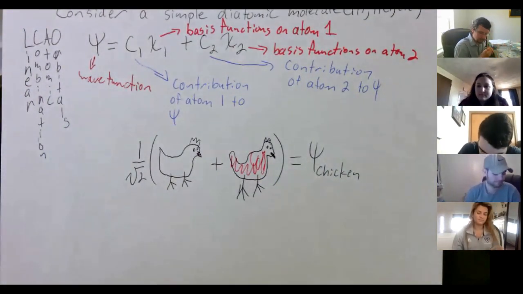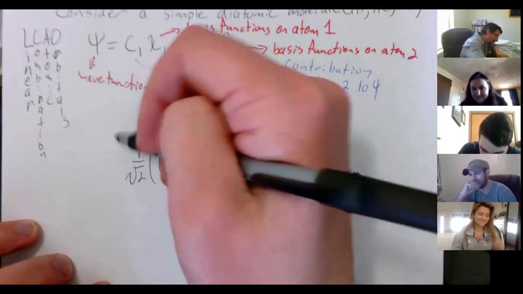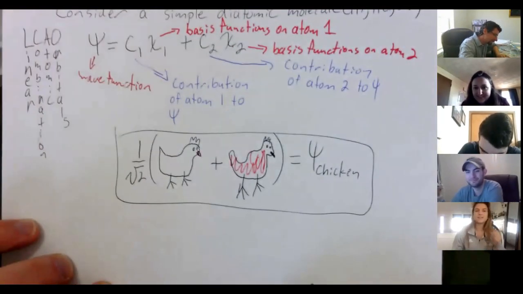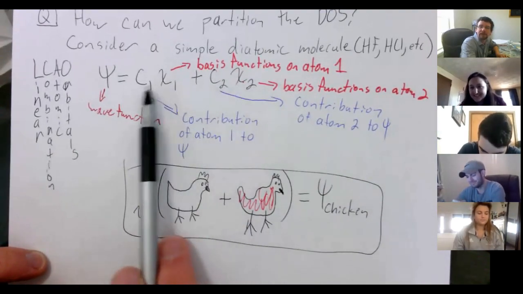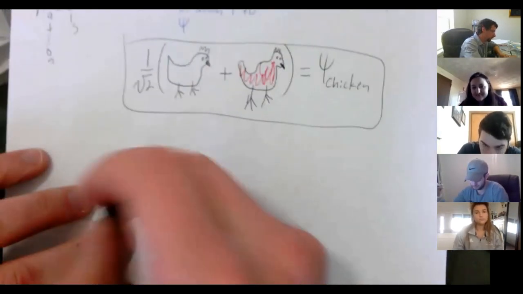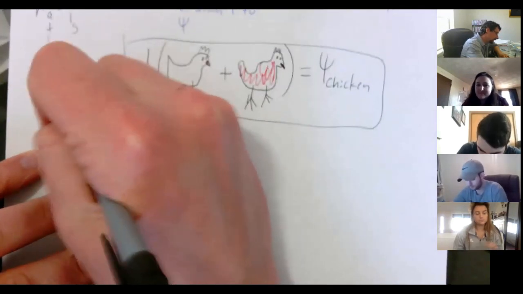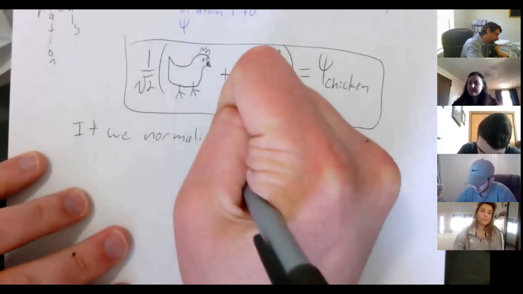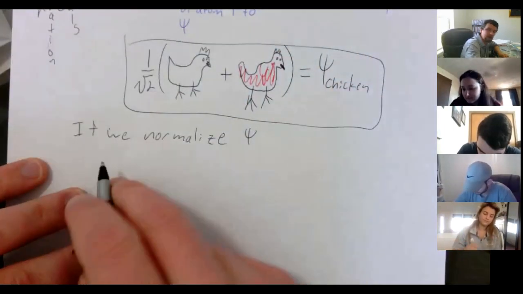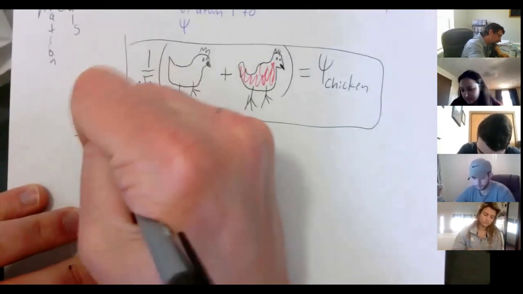Okay, so we got our chicken. Back to this guy though. We can figure out these C values from normalization. So if we normalize psi, what does normalization mean again from PChem?